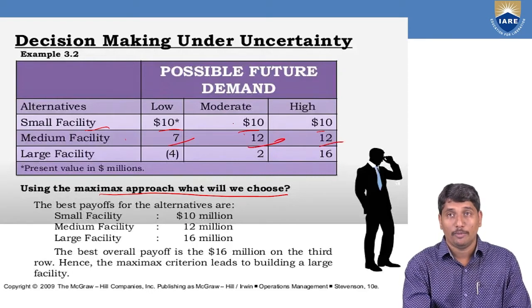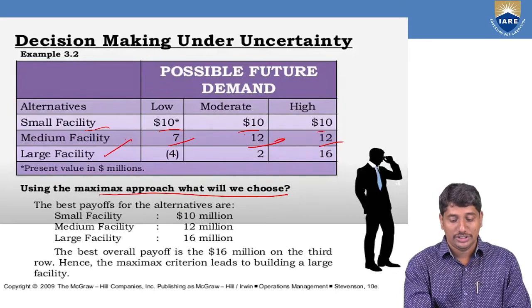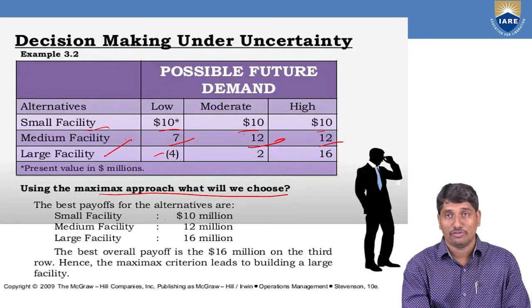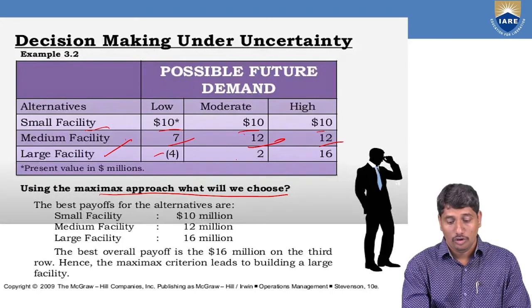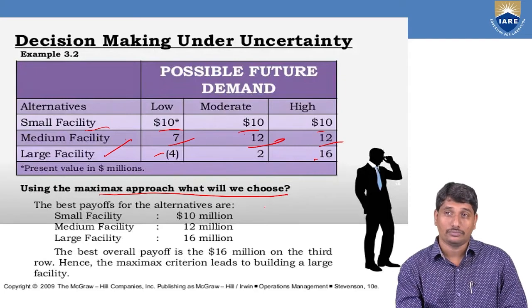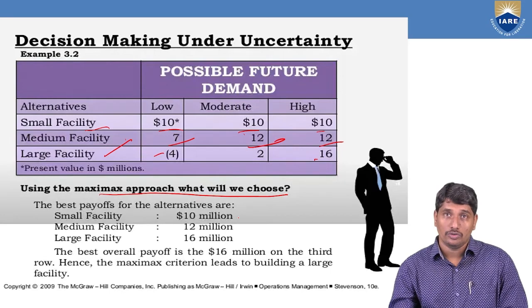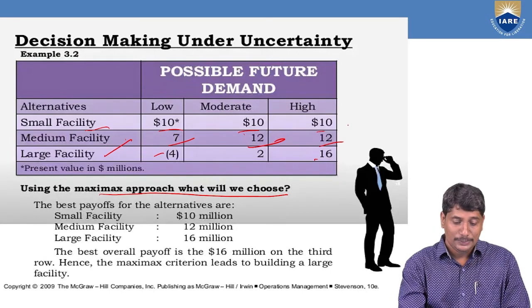In the low demand, moderate demand, high demand periods. And with the large machine, you are going to have minus $4 of loss when demand is low, $2 of profit in moderate demand, $16 of profit in high demand. So by using Maximax, what are we going to do? Let us see.